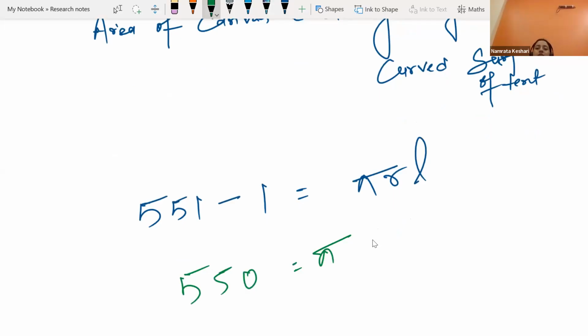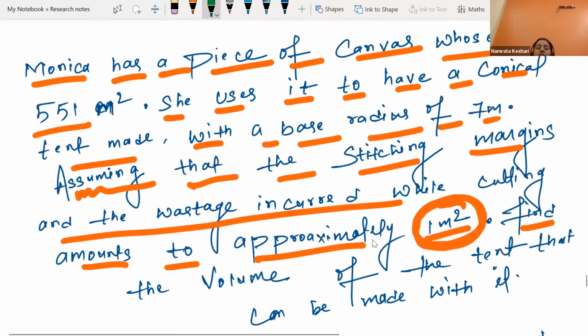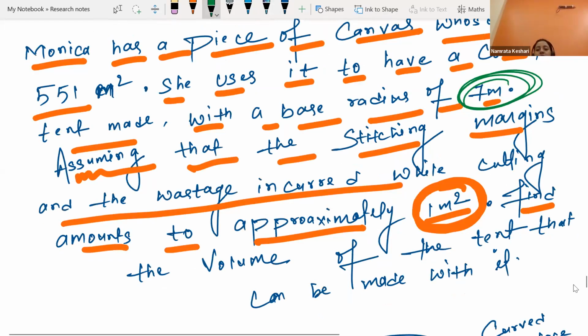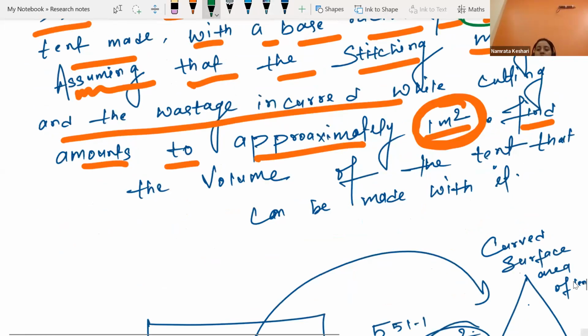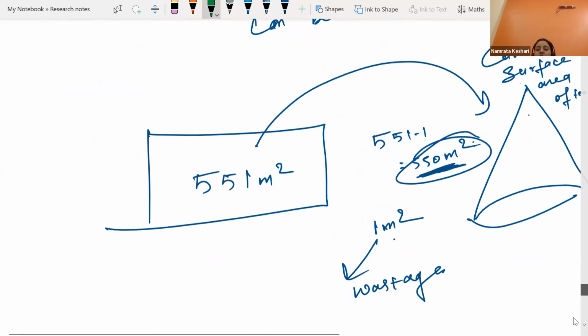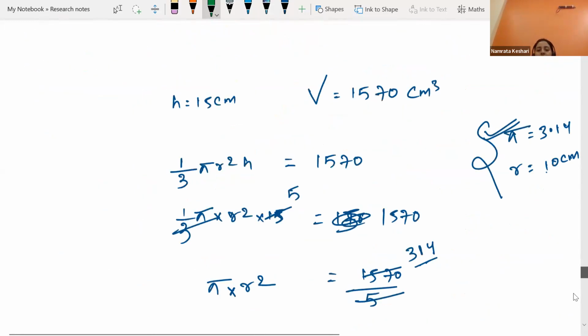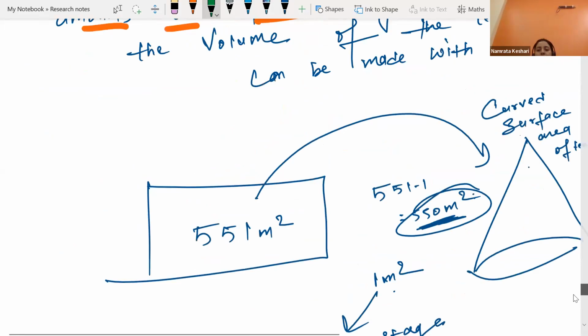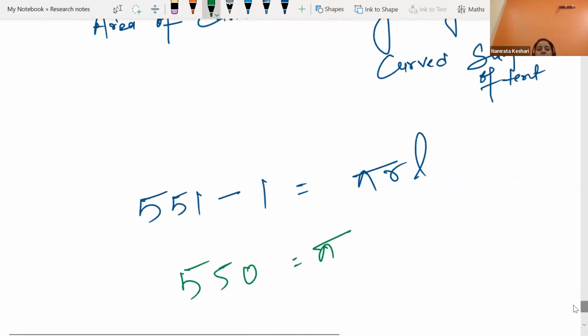R is given, the radius of the base given in the question is 7 meter. No height, nothing is given about l, so we need to find that. R is given as 7 meter, l we don't know. You take pi as 22 by 7 because here it is specifically not mentioned.